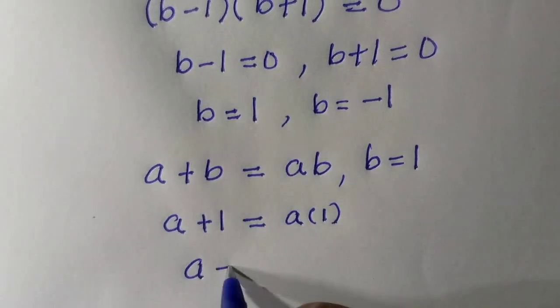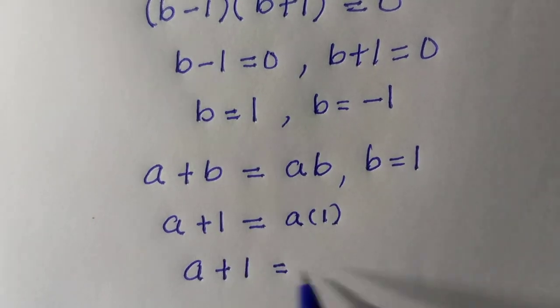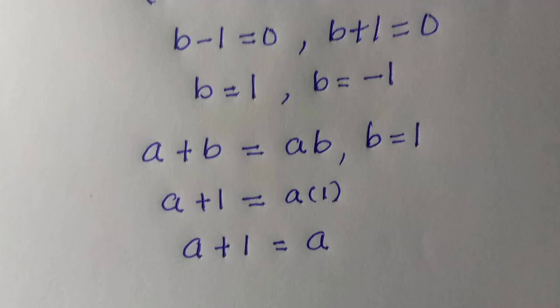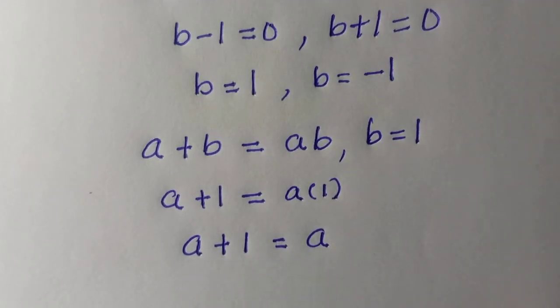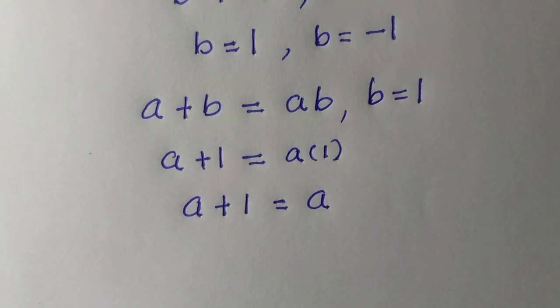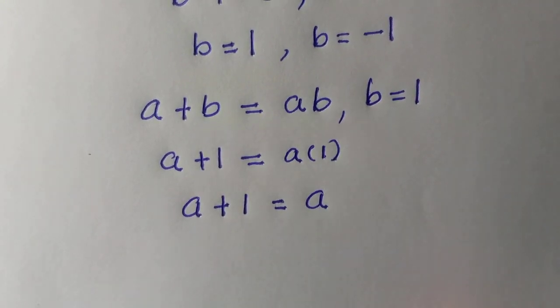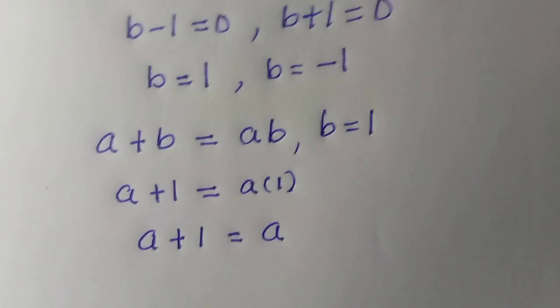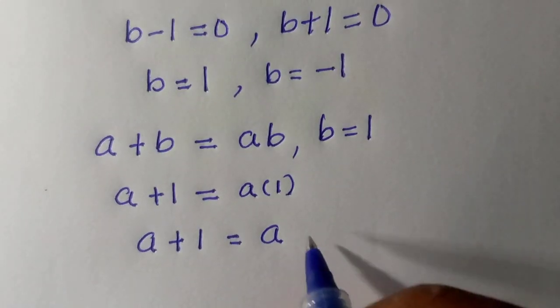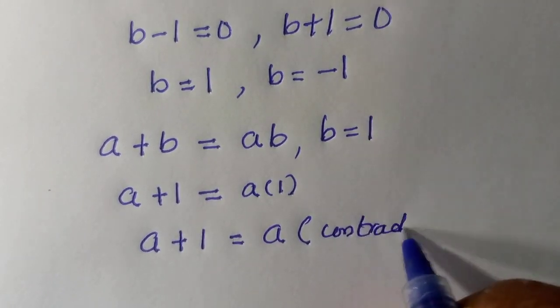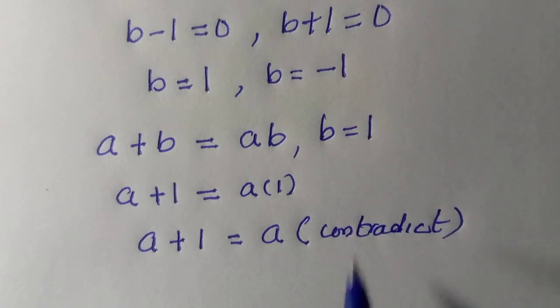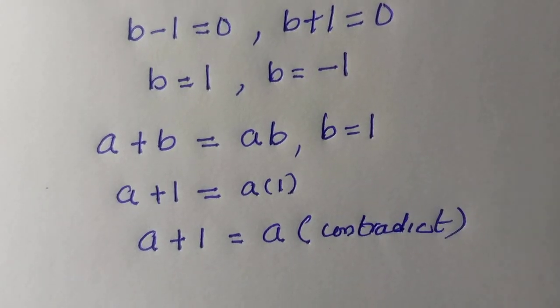Then we have a plus 1 equals a. When we take a to the other side, a cancels a, which means the result is a contradiction. So it contradicts. Then we have to neglect b equals 1 since it doesn't satisfy this.